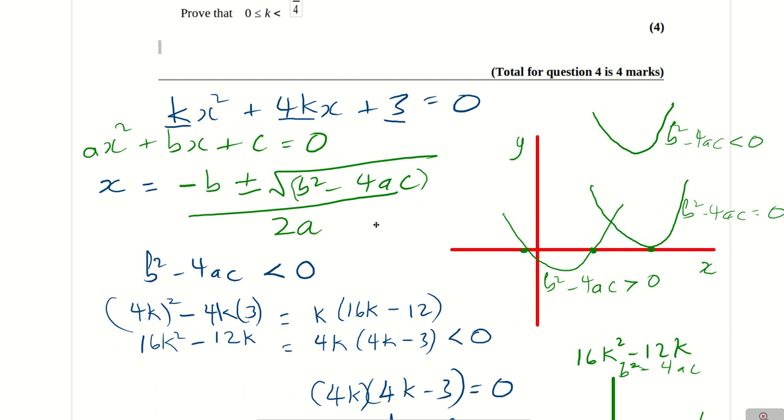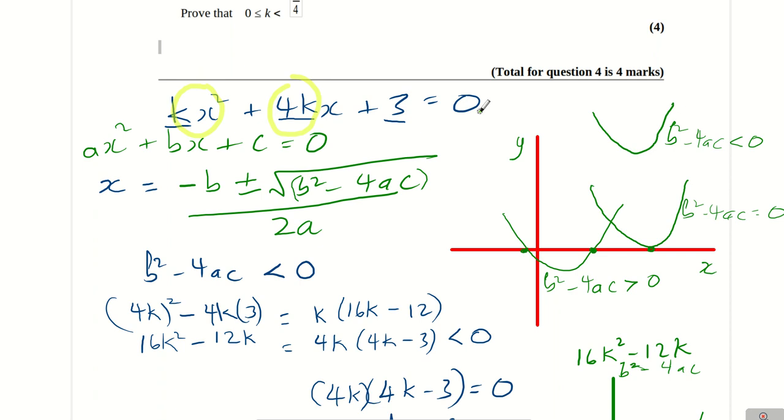Okay, but there's a little adjustment we need to make, and if we look at the original function kx squared plus 4kx plus 3, then you'll see that if we put k equal to 0, we're going to get 0 plus 0 plus 3 equals 0.